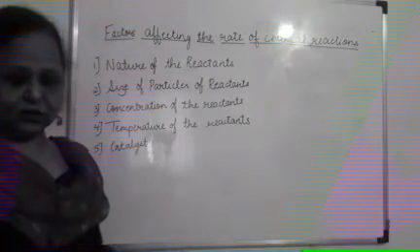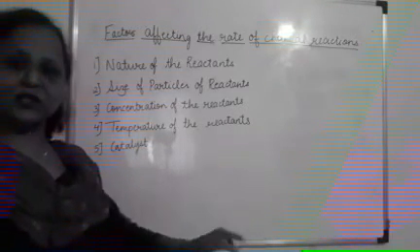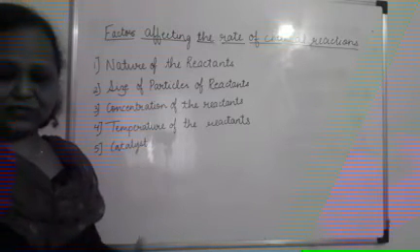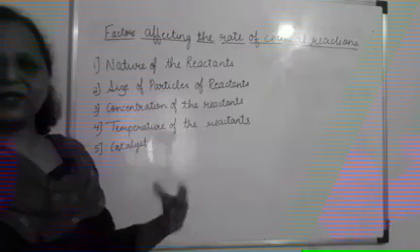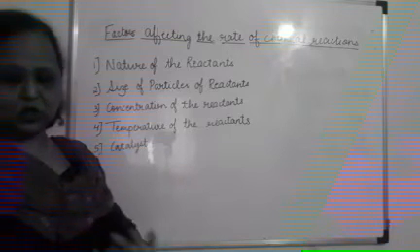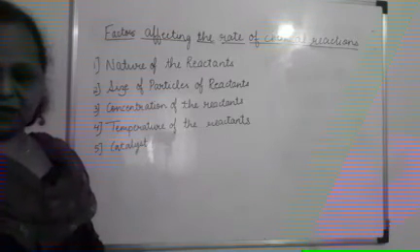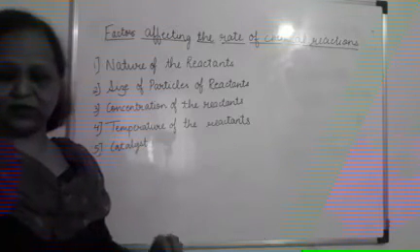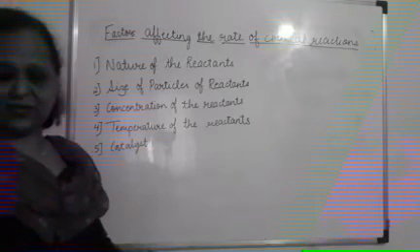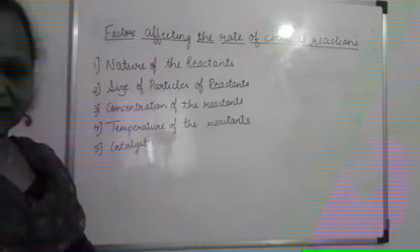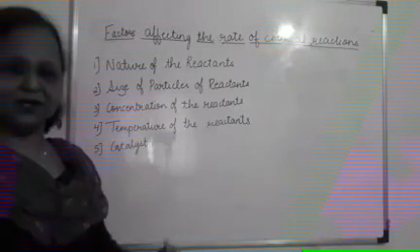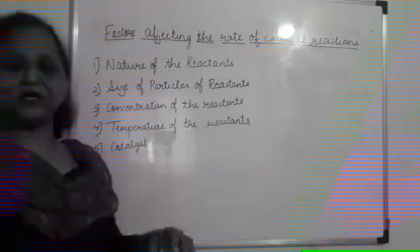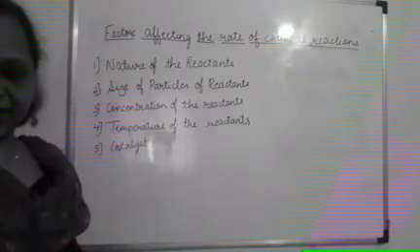Dilute HCl, or dilute hydrochloric acid, reacts very slowly with calcium carbonate, and thereby calcium carbonate disappears very slowly into dilute hydrochloric acid. Whereas when calcium carbonate is added to concentrated hydrochloric acid, the reaction takes place rapidly, and calcium carbonate disappears very fast in the concentrated hydrochloric acid.